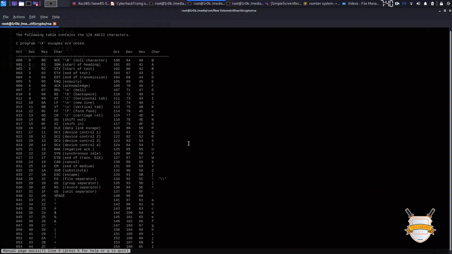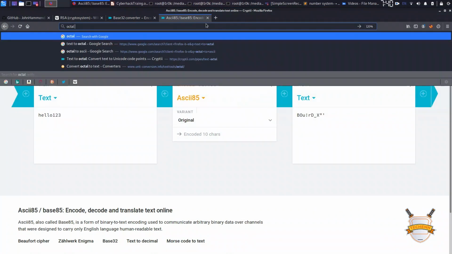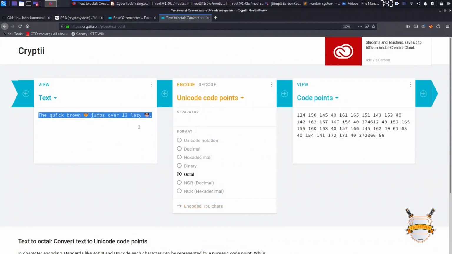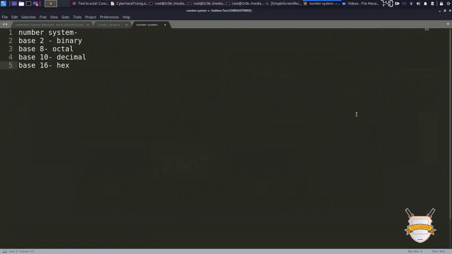So if you are given, let's say, hello as cipher text and you are asked to decrypt it, for sure initially you may not know whether it is decimal, hex or octal.